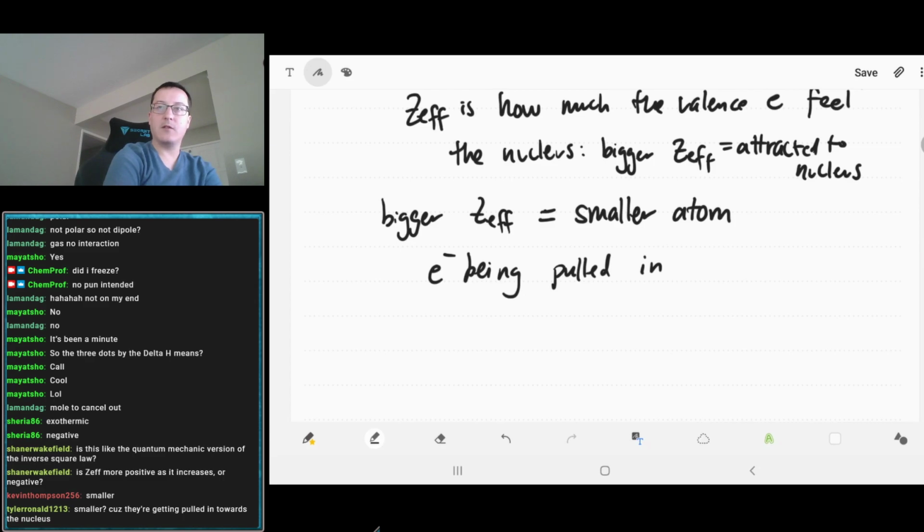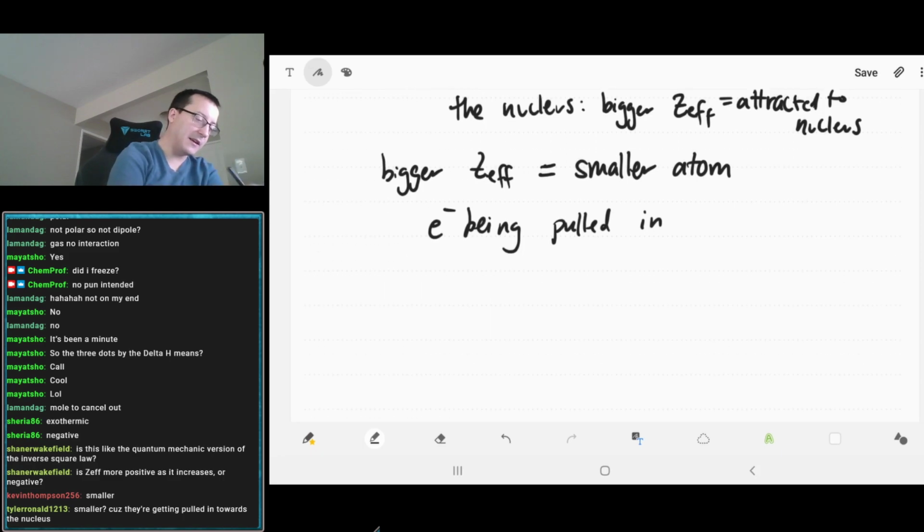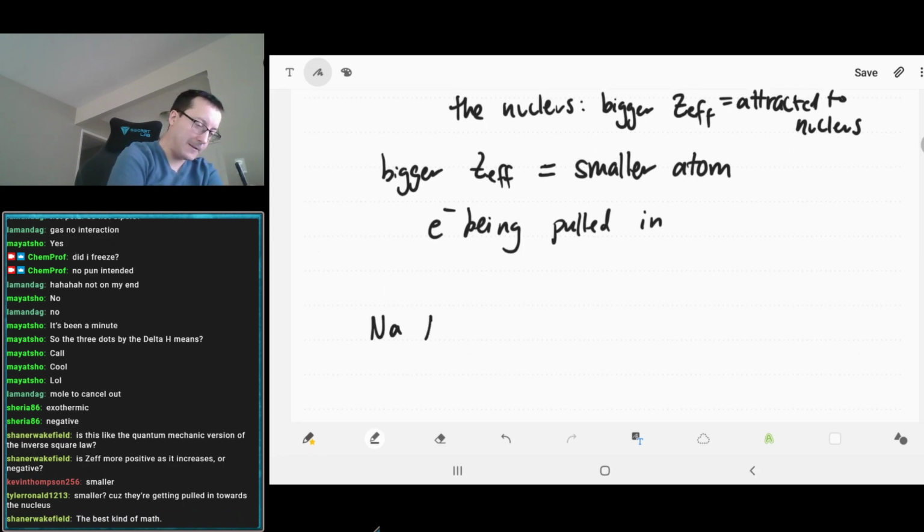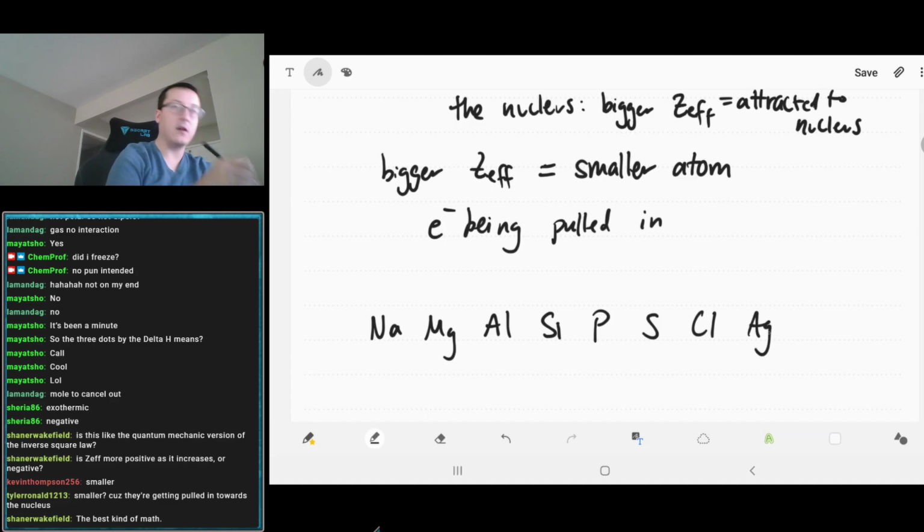So, I have a table of these. We're going to do a few problems. Very easy math, but we'll do a few problems. So electrons are being pulled in. All right, so that tells us that going across here, silicon, phosphorus, sulfur, chlorine, and what is that, argon?